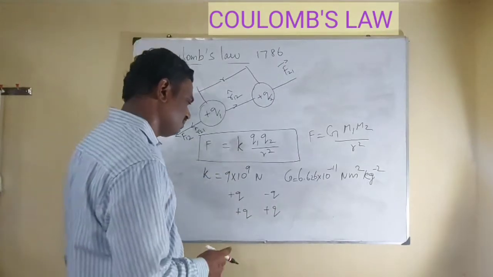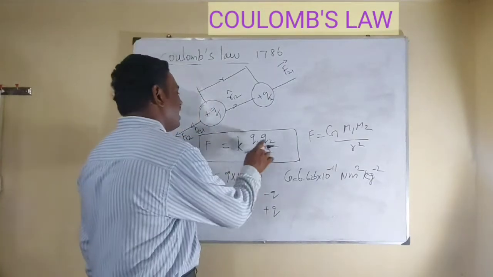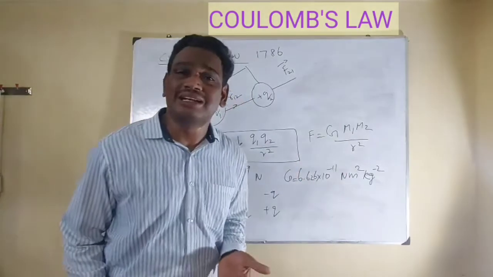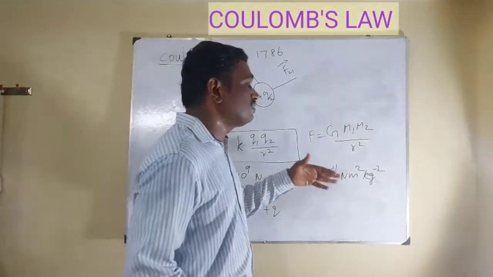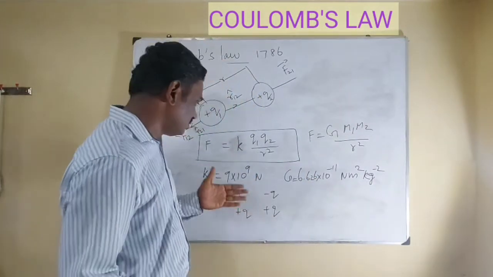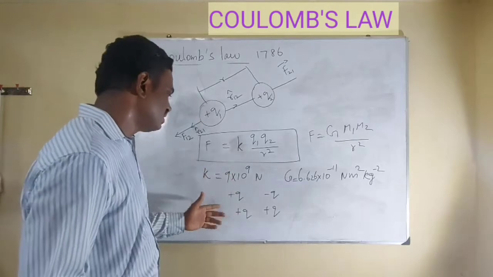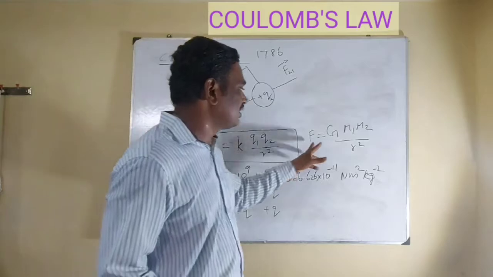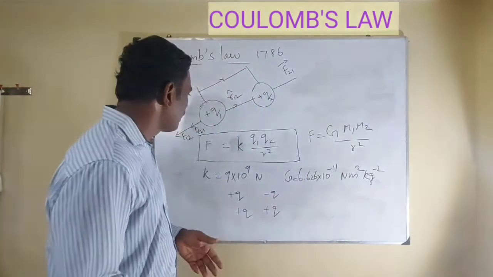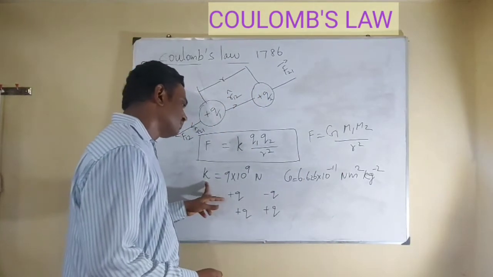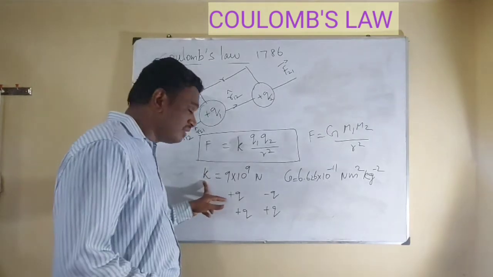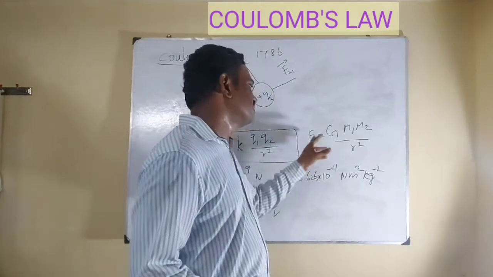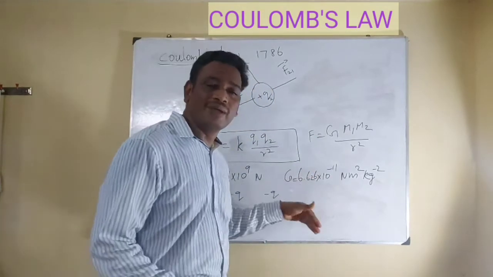So in this case, two different forces exist, but gravitational force is only an attractional force. So there is no repulsion force. There are two differences. One is Coulomb force has two different forces. Gravitational force is only attractional force. The constant in the Coulomb equation is a very large value. The constant in the gravitational force has a very small value.